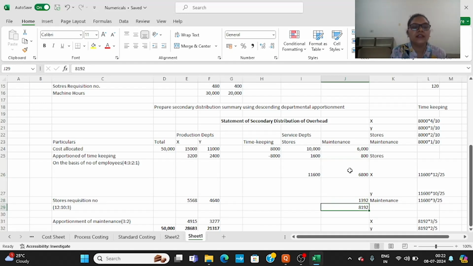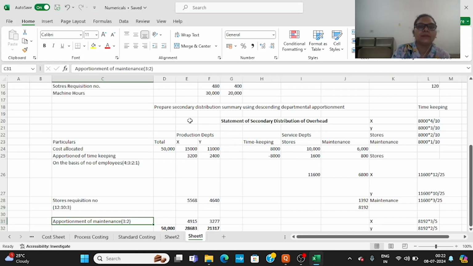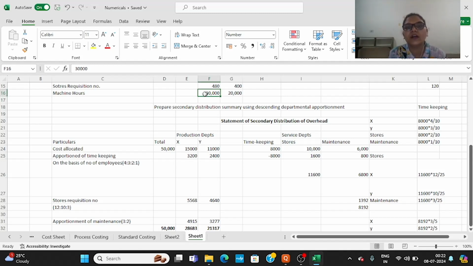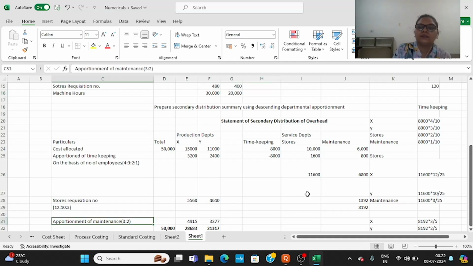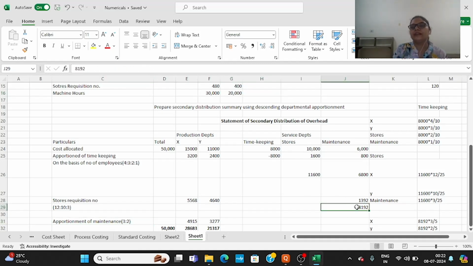For the further development, the cost of maintenance has increased: 6800 plus 1392 will be 8192. Now, apportionment of maintenance. The maintenance department is done on the basis of machine hours, 30,000 and 20,000, and the ratio comes out to be 3 is to 2. The cost of the maintenance department after addition of timekeeping and store requisition is 8192.